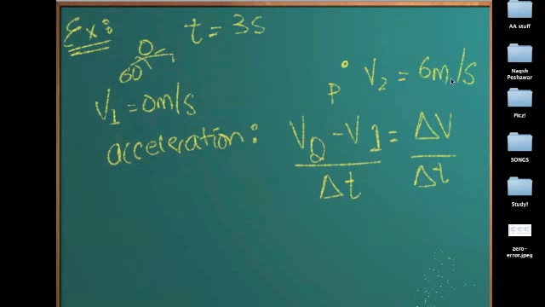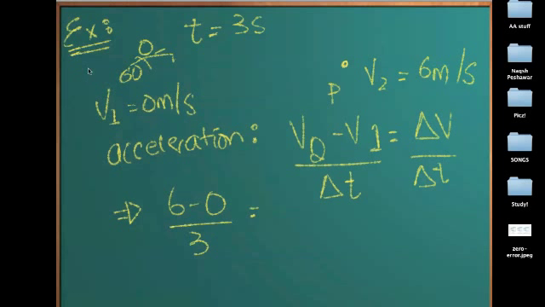So in this case, we'll be considering the instantaneous velocities. Velocity at this point minus velocity at this point. This would give me 6 minus 0, divided by the time. The change in time between these two points is 3 seconds. Always remember, it's a change in time.